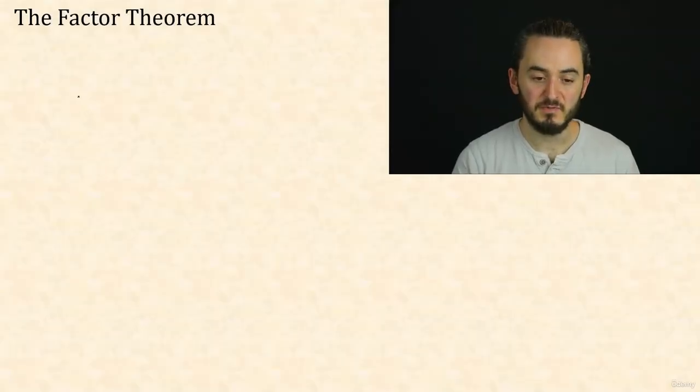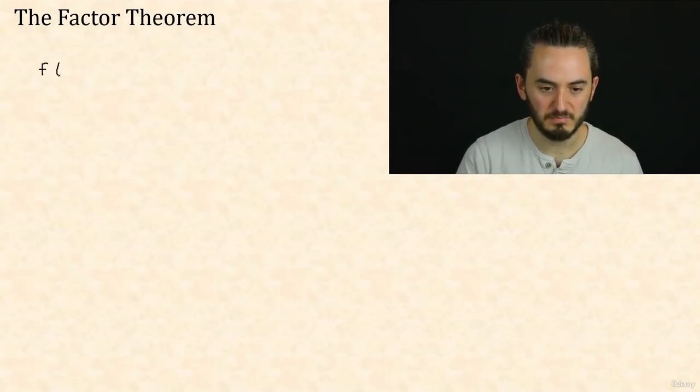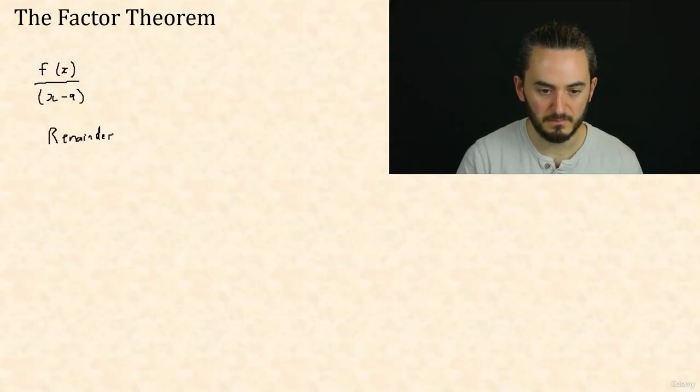So the factor theorem is really just a special case of the remainder theorem. Remember that the remainder theorem says if you've got a polynomial, f of x, then to work out the remainder when you divide f of x by x minus a, the remainder is simply going to be f of a.